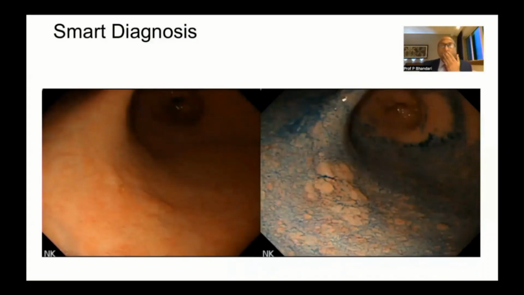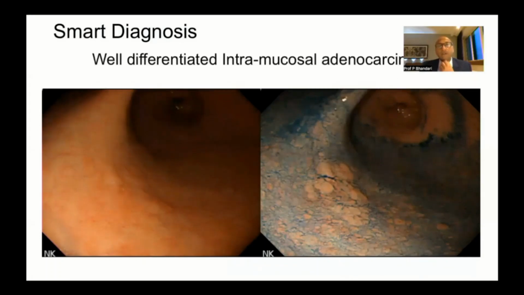Now, if you know your pathology around gastric cancers, you can look at it and say this is a well-differentiated intramucosal adenocarcinoma. Now, it's not indigo carmine which is telling me that this is well-differentiated or intramucosal. What is telling me is that it is located in the distal stomach.